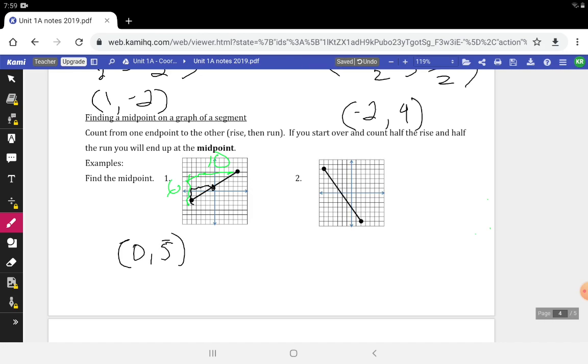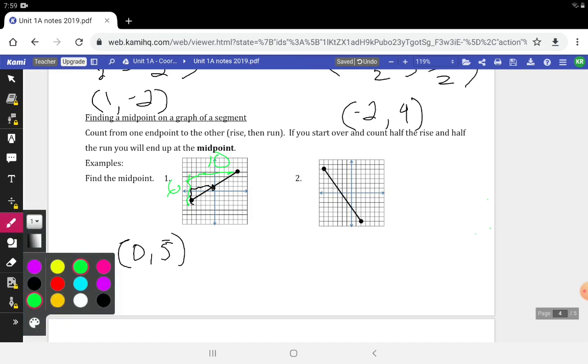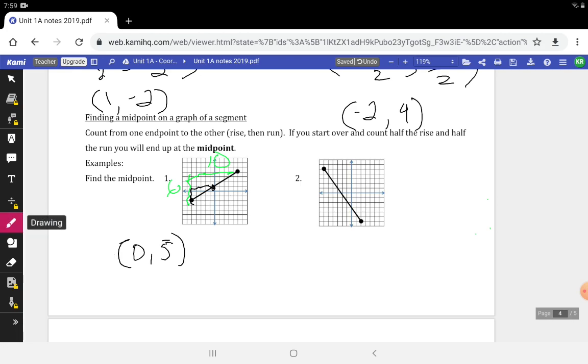Okay, and for our last example, we'll follow the same process. We'll start with the point on the left. We'll count down. So our rise is -1, 2, 3, 4, 5, 6, 7, 8, 9, 10, 11. Sorry, just double checking my counting.